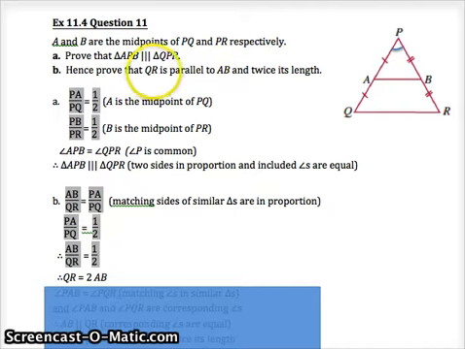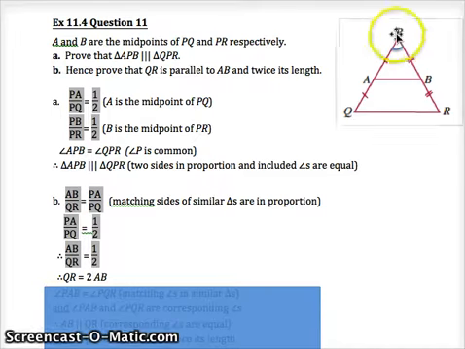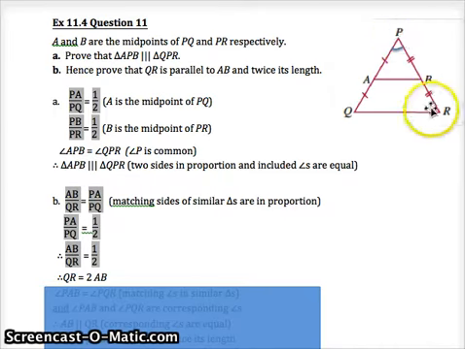We now need to prove that QR is parallel to AB. And of course, to prove parallel lines, we either have to use corresponding angles, show that they're equal, or alternate angles, or co-interior angles, show that they're supplementary. Now, because we've got two similar triangles, we can actually mark in the corresponding angles. So I'm just going to do that now.